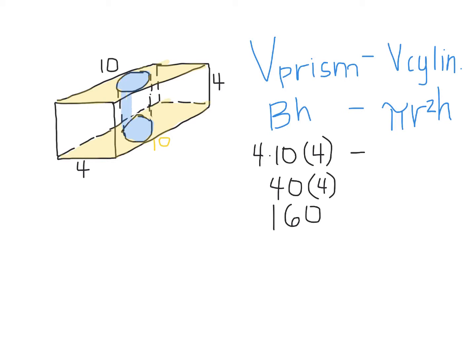And let me just go ahead and color in my cylinder. This blue cylinder is going to be taken away from my prism because it's hollow in the middle. So I have pi, my radius. So think about, I did not include that in my picture.